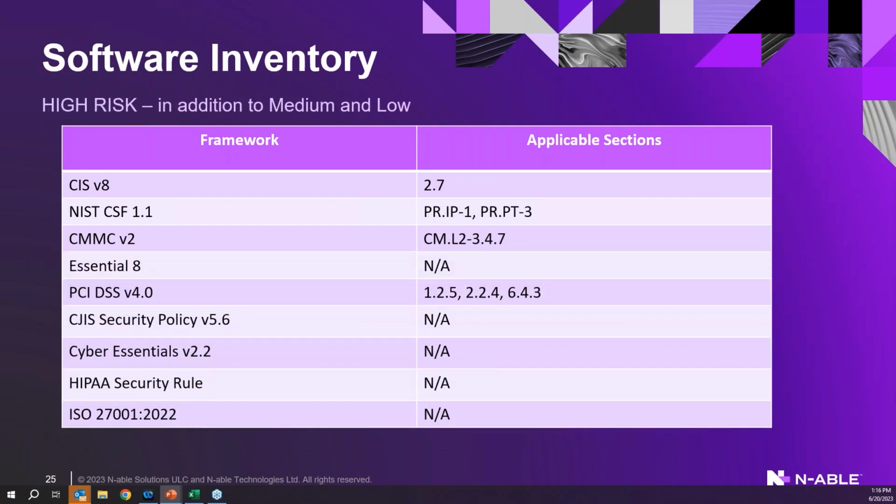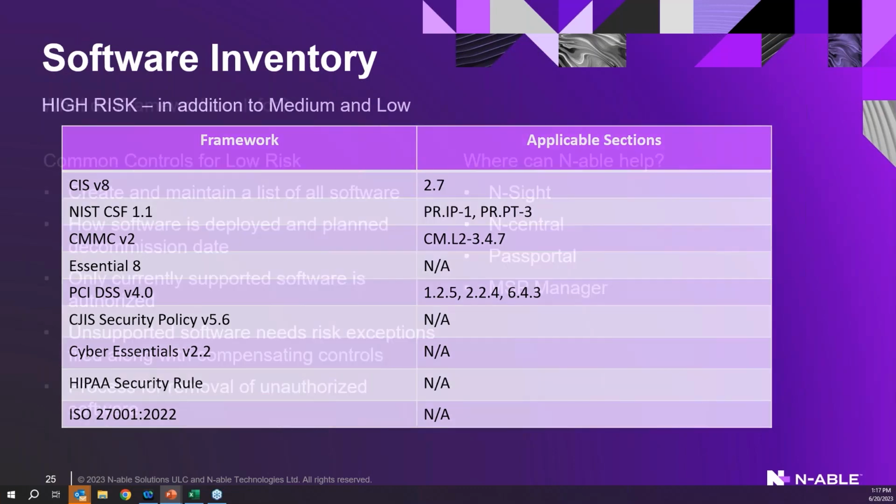And then when we eventually get up to high risk, you'll see it kind of starts tapering off a little bit. Some of the frameworks are like, now, if you're medium or low risk, you should have already been doing these things. So by the time you get to high risk, they're already in place. So we don't have anything else that they want you to do for high risk because it's already covered by the controls they're recommending for low and medium.